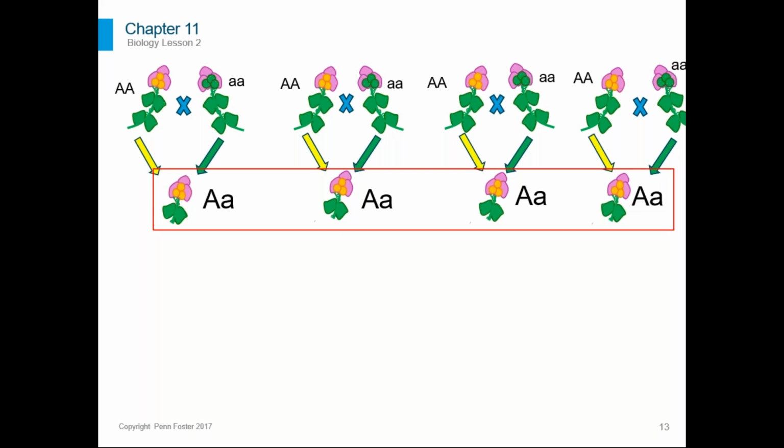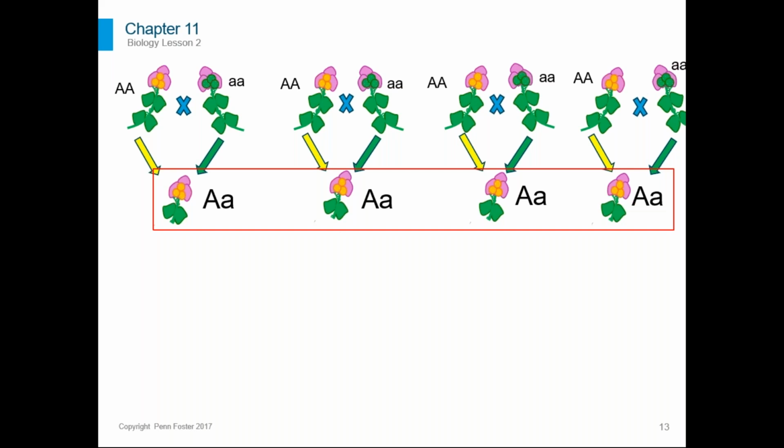In the next step, he took individual plants that had both a yellow allele and a green allele. So he took plants from this generation that's outlined in red, and he bred them to each other, to other plants that had the exact same genetic makeup of a yellow allele and a green allele. And remember that segregation means that those alleles get split up when the plant reproduces.